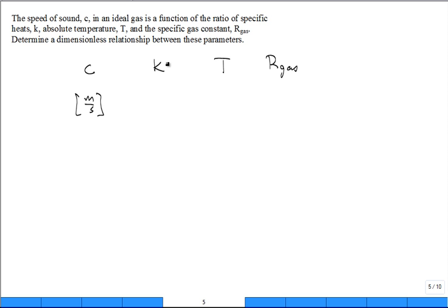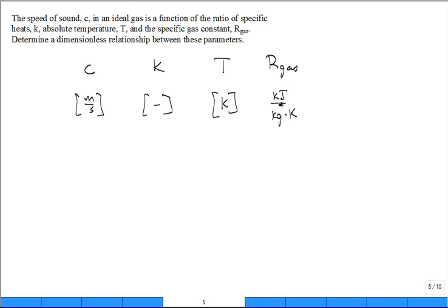Ratio of specific heats, CP over CV. So what are the dimensions of that? Unity, dimensionless. Just dimensionless. How about temperature? Temperature, Kelvin. And then the gas constant, R. What is it? Do you remember? It's kilojoules per kilogram Kelvin. Is that true?